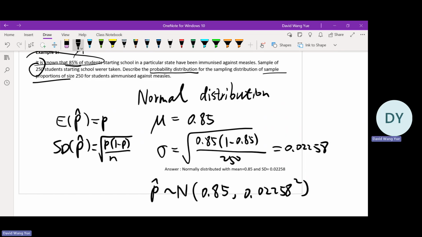Usually for a question like this, you don't have to verify the condition, since they ask you to describe the probability distribution and it is a normal distribution already. But we can still check.